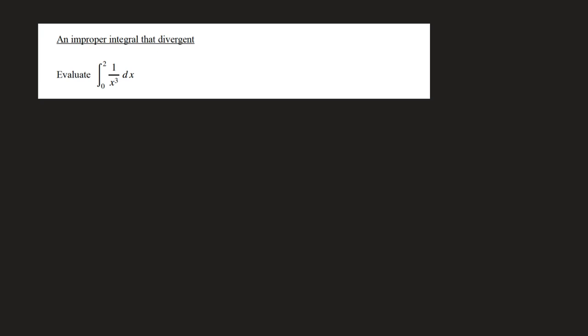We're going to do this example. First, let's check it out, guys. Here the function is y equals 1 over x cubed. The vertical asymptote is x equals 0. So we have to use the definition of improper integral. First you write down the limit, not the integral, guys, the limit of the integral.